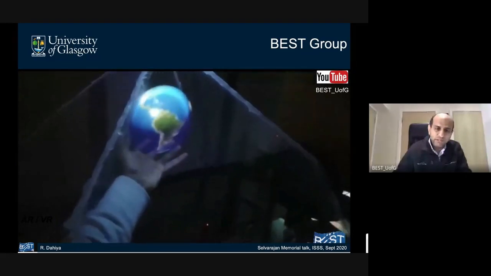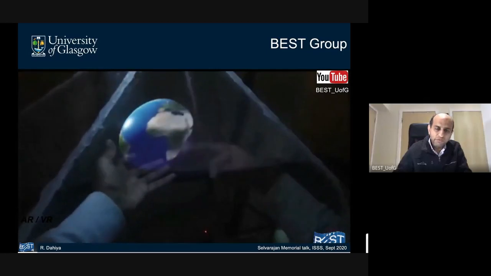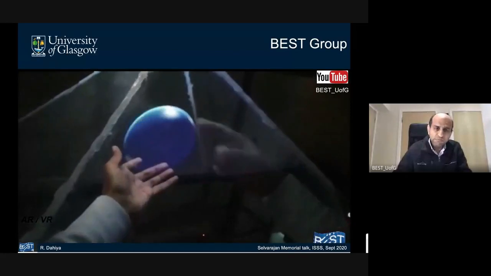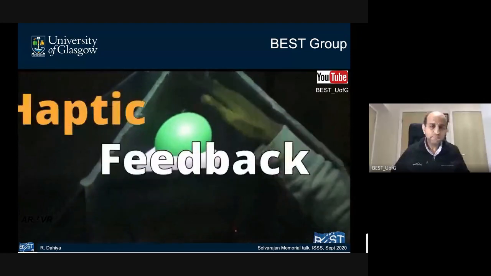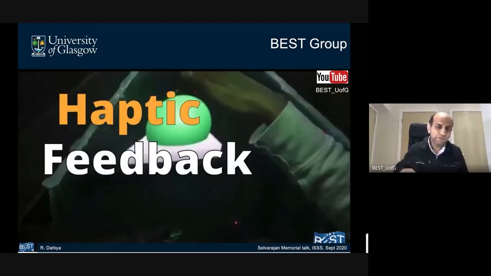There is another example of a virtual push button that will just come, and when you try to push this button, you can also get a sense of pressure. So that's the push button. When you press it, you get the haptic feedback, and not just a sense of pressure, you can also get a sense of temperature. So touch sensing is very important in scenarios, whether it is interaction with the real world or with the virtual world. And that underlines the importance of electronic skin, which is the focus of this talk today.